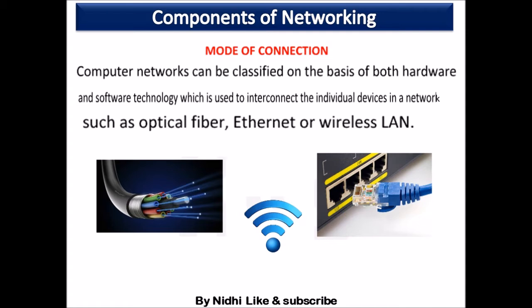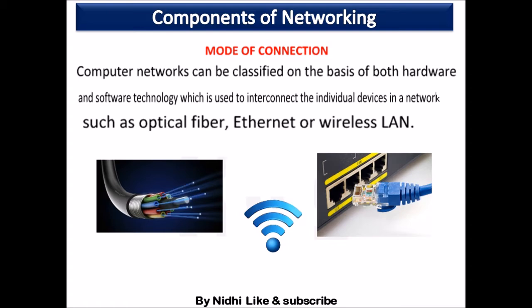Then we can connect it with Ethernet. Ethernet cable is appearing on the right hand side on this slide. Or we can connect wirelessly, wireless LAN. This is the wireless signal shown here in this diagram. So like this we can connect; there are 3 modes of connections here.